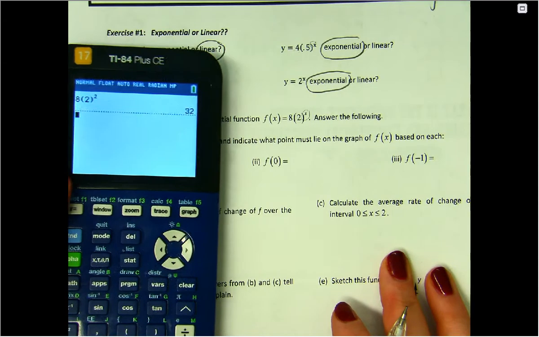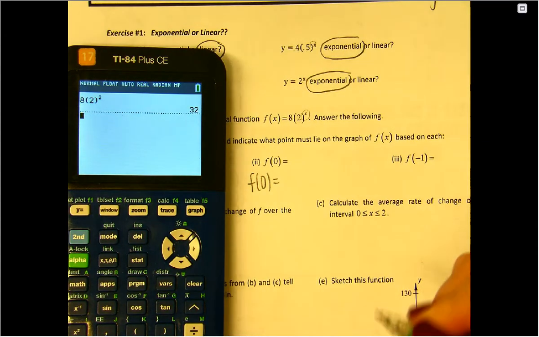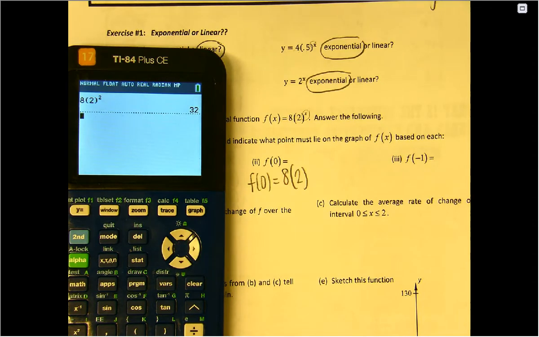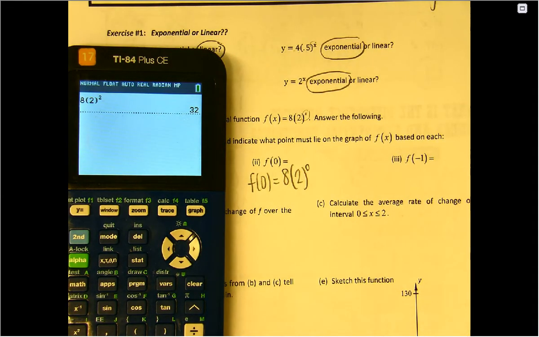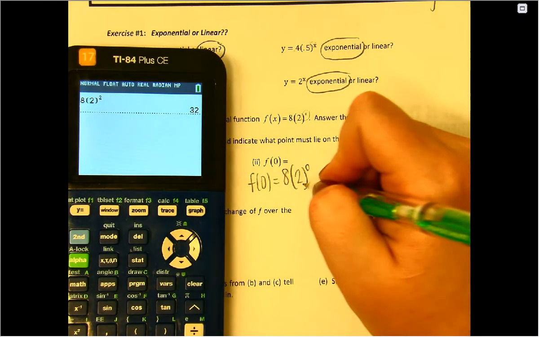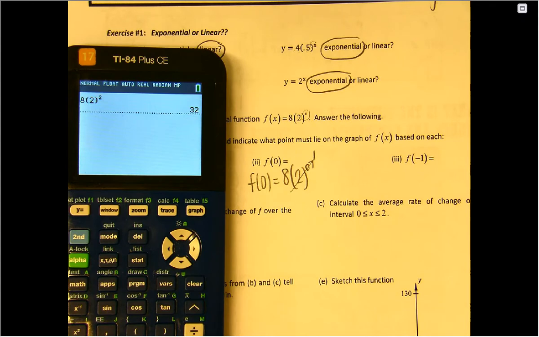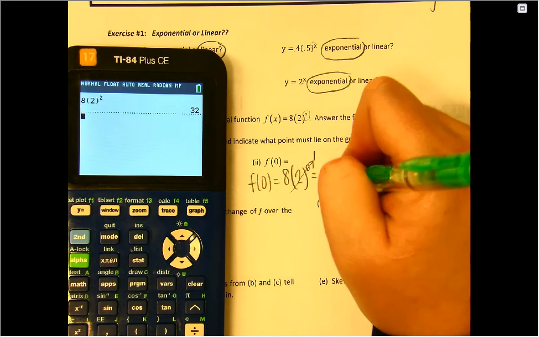Okay, so let's look at this one. I would have f of 0 equals 8 times 2 to the 0. Anything to the 0 power, we remember, is 1. So this portion turns into a 1, and I just get 8 times 1, which is 8.